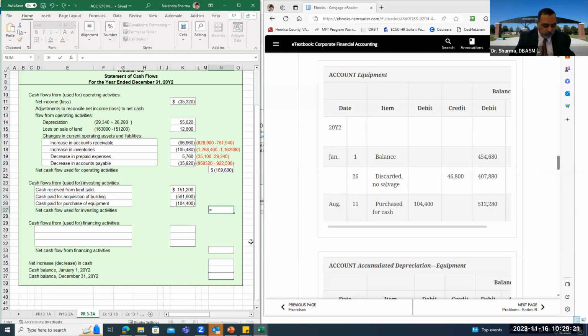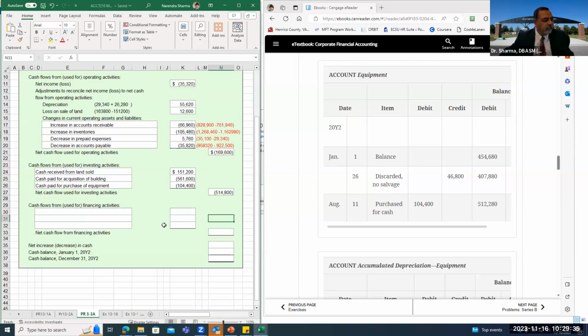We'll sum these up. Okay, so that is 514,800 cash flows from investing activities. Now it is used.